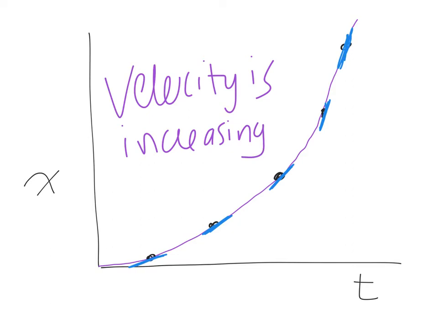So it means it's getting faster and faster. The next thing you have to determine is whether it's increasing in the negative or increasing in the positive. So is it getting faster in the positive direction or is it getting faster in the negative direction? And you answer that question by looking at the sign of the slope. All of these slopes are positive. So velocity is increasing in the positive direction.